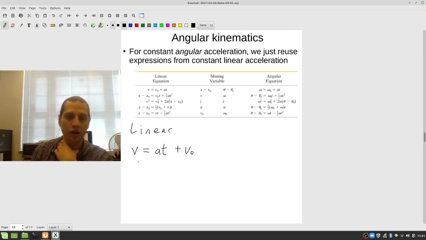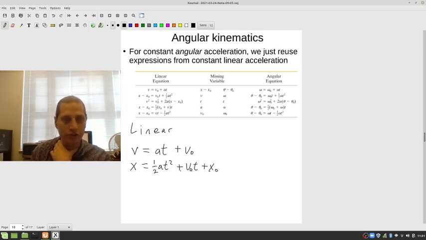On the other hand, if you want to find your final position, you've got to take the integral here, and you would have x equals 1/2 at squared plus v naught t plus x naught. Those were our two basic equations for our linear constant accelerating model.